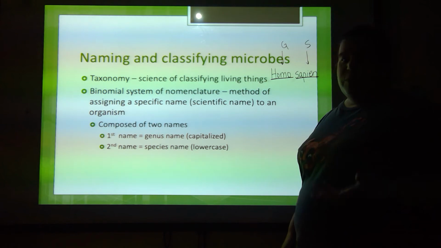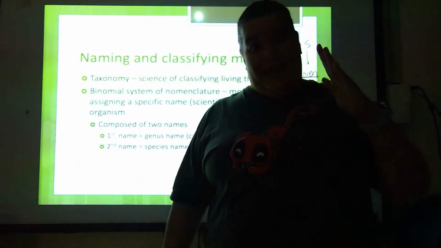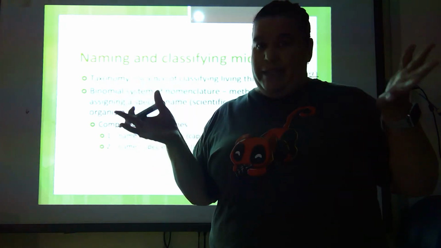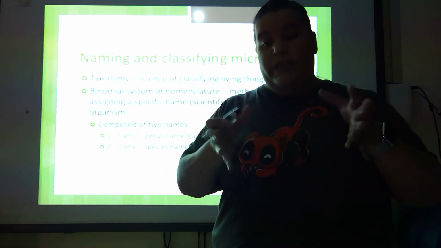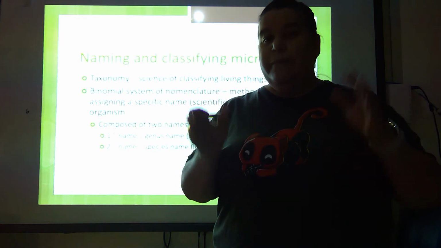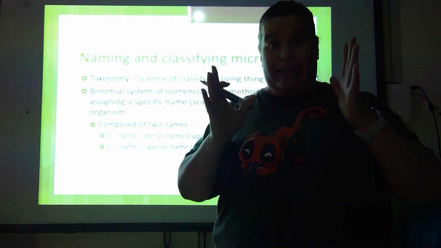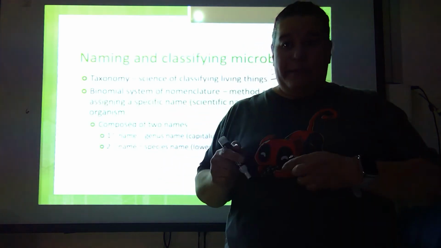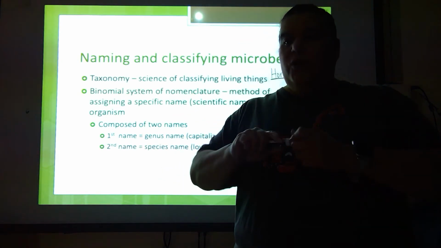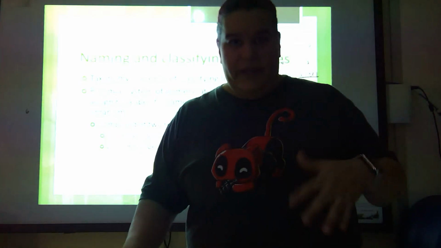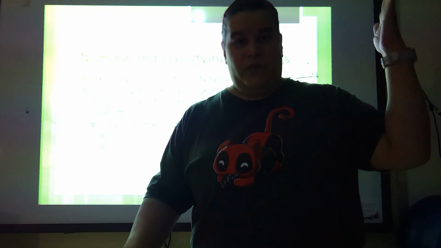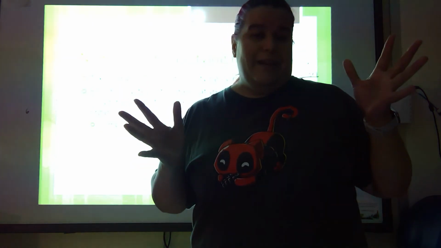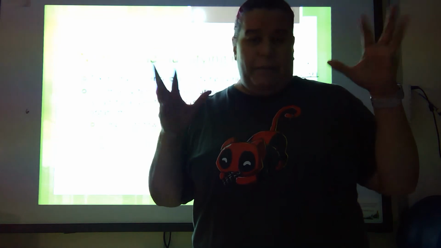If you're typing it into a paper, you would put it in italics or you can underline it. Unfortunately, with writing, you can't really do italics. But for it to be properly represented, it either needs to be in italics or it needs to be underlined. Okay? So again, Homo sapien is our scientific name. When I mentioned Staphylococcus aureus, that's the scientific name. So Staphylococcus would be capitalized, aureus would be lowercase because it's the scientific name. It's the taxonomic name.